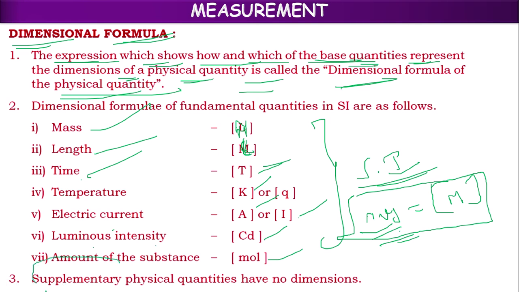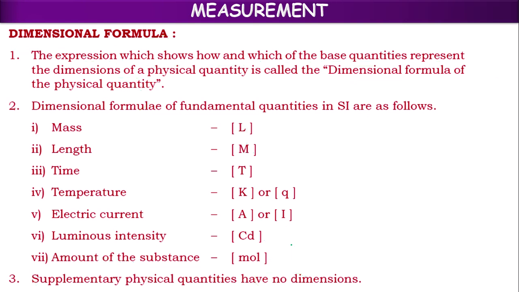We have supplementary quantities also, like radian, steradian, angle, solid angle, but they don't have any dimensions.